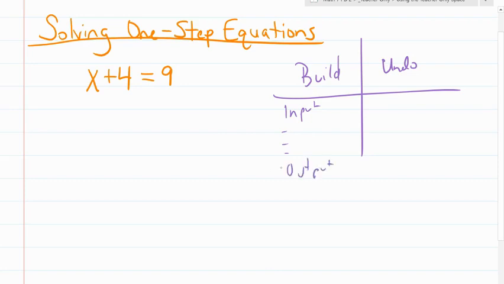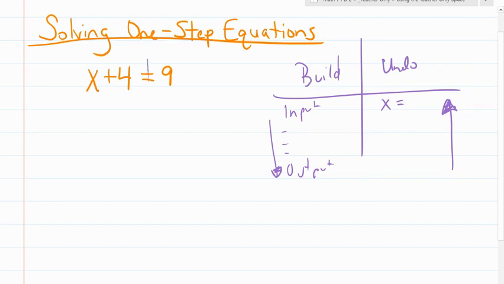We went down the page this way, and then to solve it, we did the opposite operations, right? The inverse operation, and we followed those steps back until we knew what x was equal to. So that's what we're going to do. We just don't want to take the time to fill this table out over and over and over again. So we're going to do the table more in our heads, and we're going to learn how to show this work on our equations. Okay?